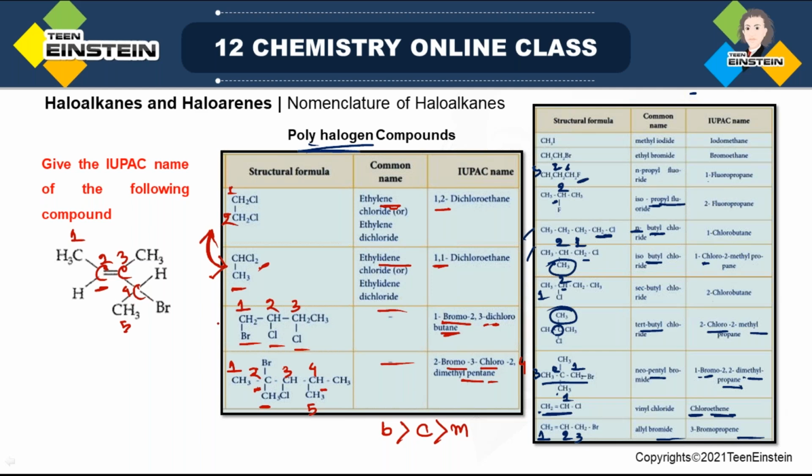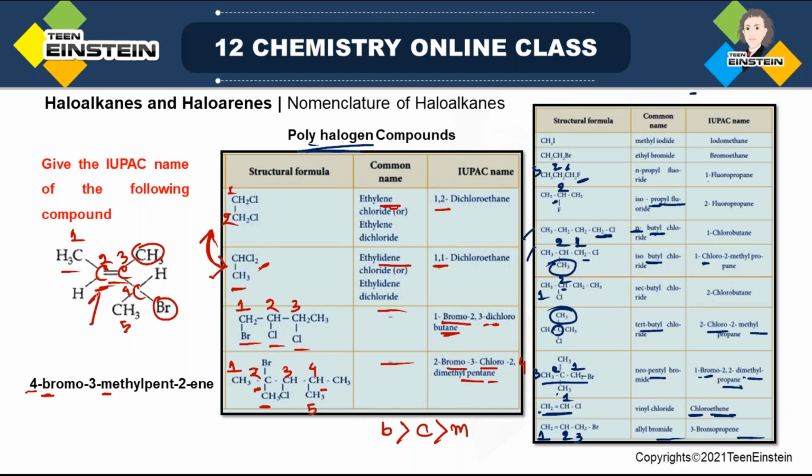Here the 4 position contains this bromine. At the 3 position there is a methyl substituent. And all these carbons are part of the main parent chain. So it is 4-bromo, 3-methyl. B will come before M. See, its position number is higher, 4 is greater than 3, but still bromo you have to write first because it comes first alphabetically.